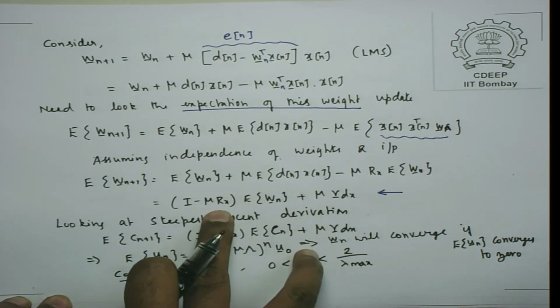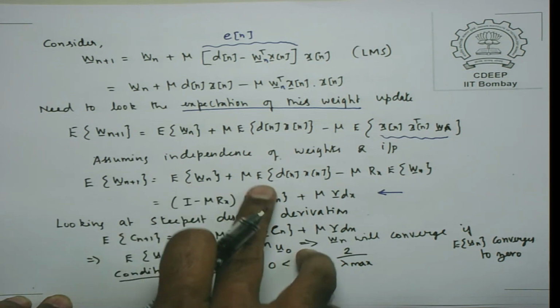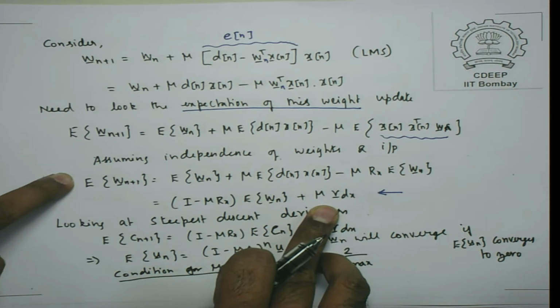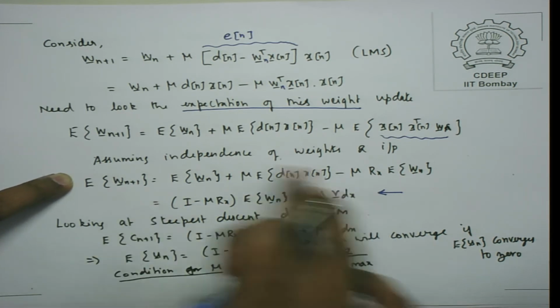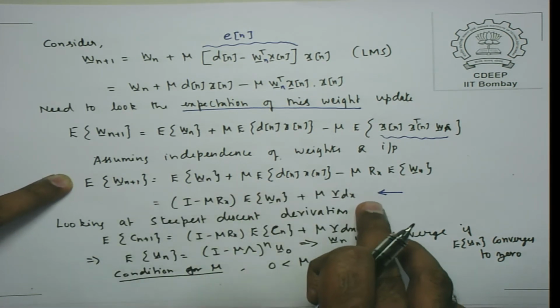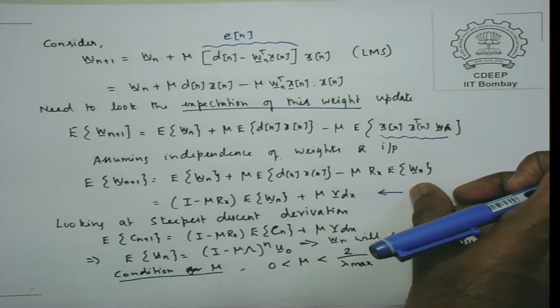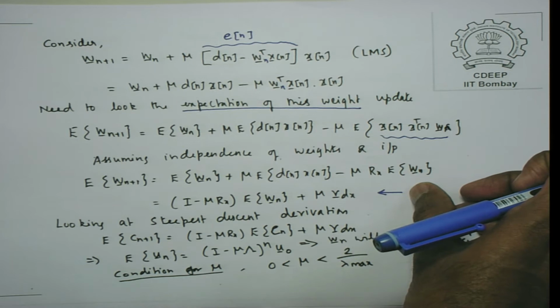Here we have brought in the terms Rx and Rdx only in an analytical sense, just representing these expectation values. This is not in the algorithm itself, this is only for analyzing the weight update behavior of the LMS algorithm. This, if you recall, is very similar to what we had in the steepest descent module, where we looked at how the perturbations in weight converge.